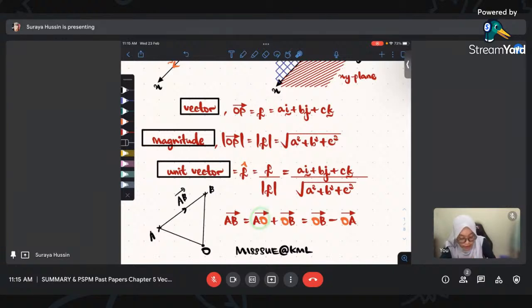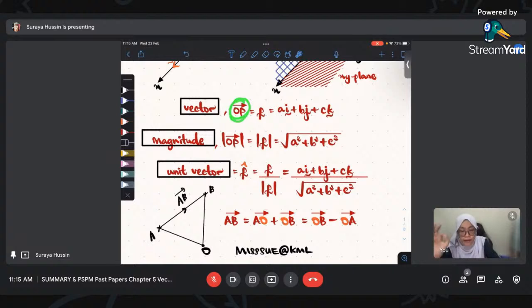So you gotta change, not everything. You gotta change apa yang ini sahaja. Yang ini kekalah sebab OB, as I said, vector mesti sentiasa from origin, a point and an origin. A point with an origin is over here. Jadinya, this is important lah.